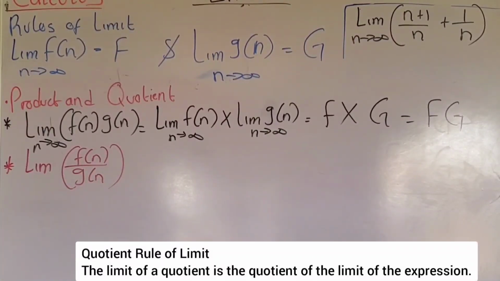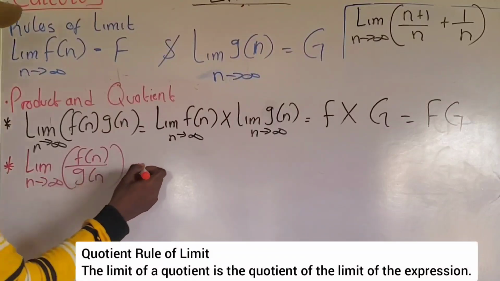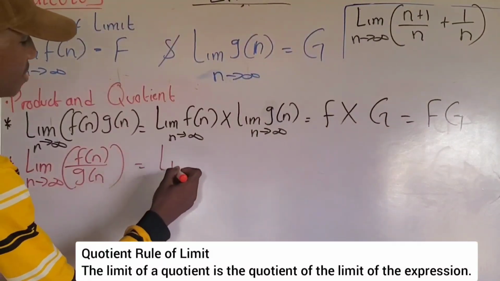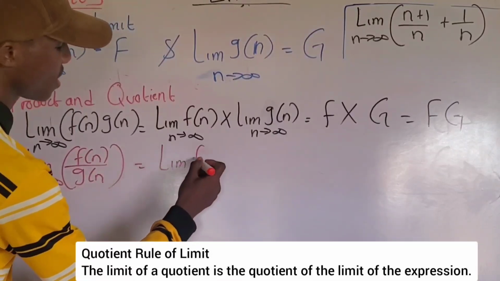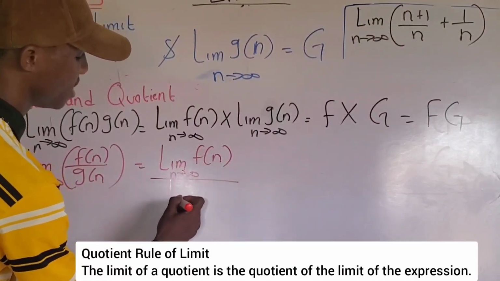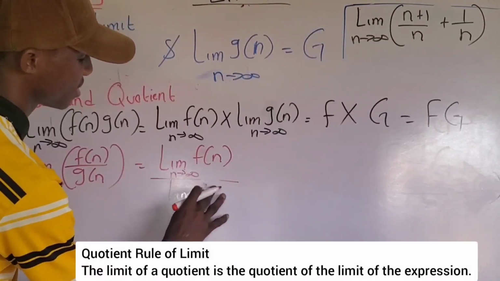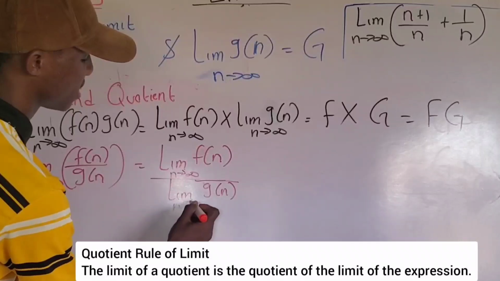Quotient means division. You understand what I'm saying? So as n tends to infinity, what will be the answer? The answer will be the limit of f of n as n tends to infinity all over the limit of g of n as n tends to infinity.